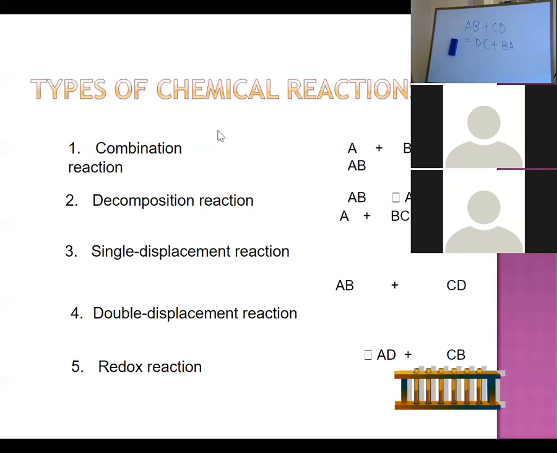Then we have a redox reaction. A couple of you in a different chemistry class, I'm sure, struggle with this on Wednesday.